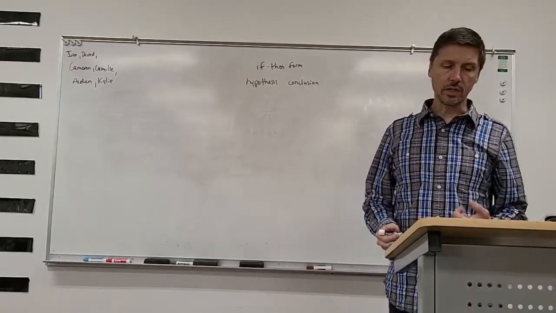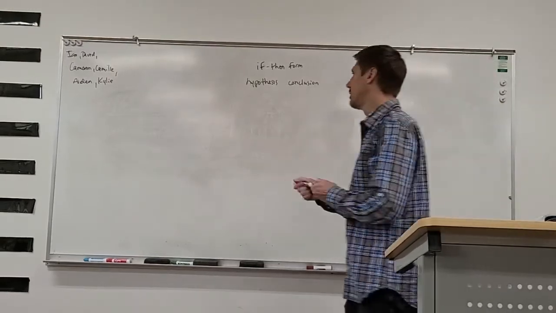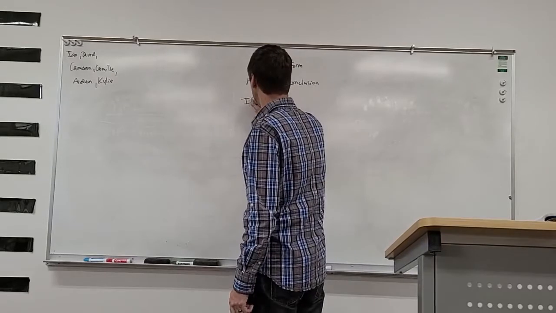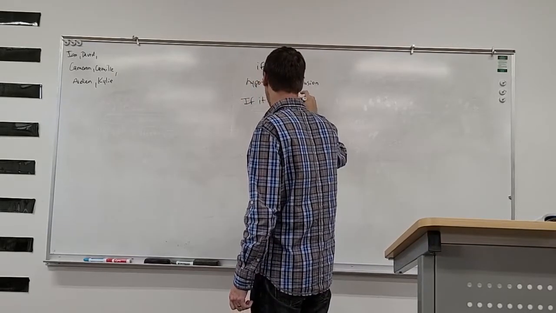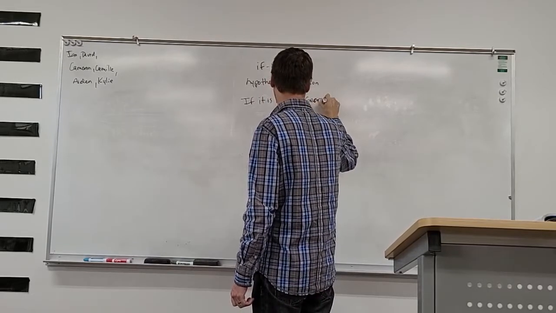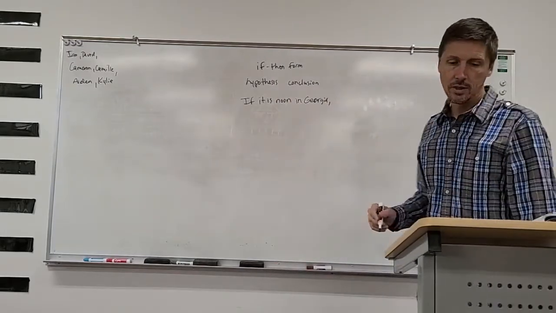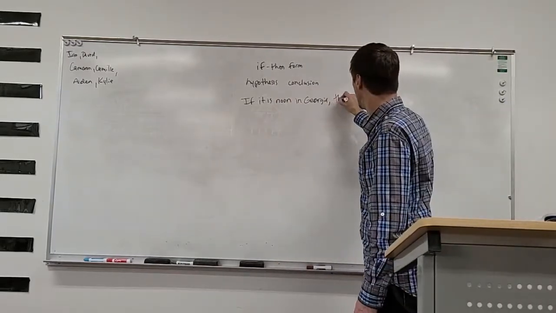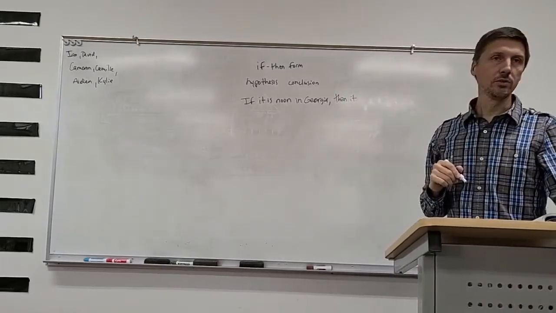But they give us an example. I love this because this book was not published here. If it is noon in Georgia, then Alabama's going to lose to UGA.